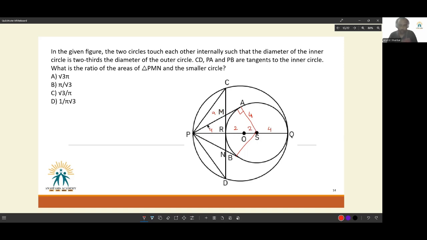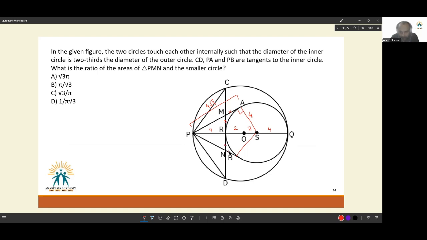Let me write it this way. This is going to be 4√3. Now, MA and MR are going to be identical. This, what is it known as? Tangents from an external point to the same circle will be equal in length. So MR is here.